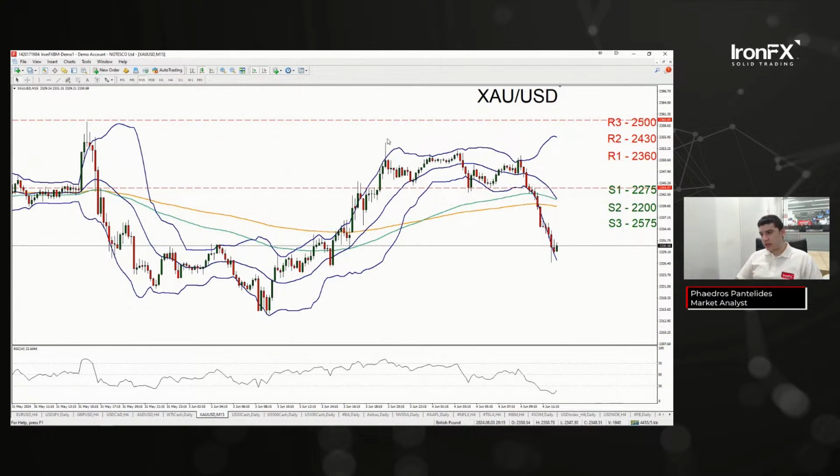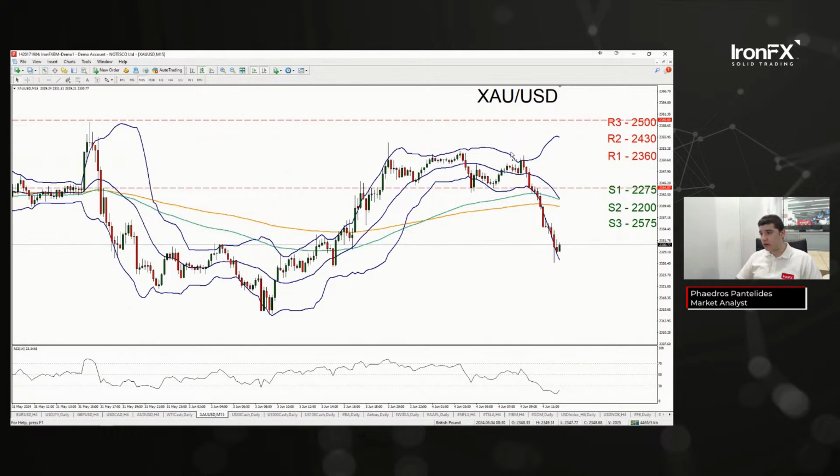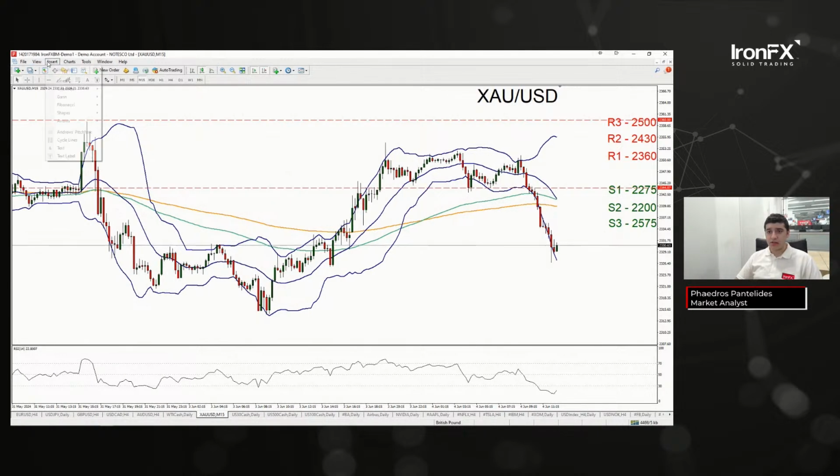So as you can see, the market structure formed new higher highs, higher lows, and around this point here, let's just note that with the shape. At this point here, it failed.